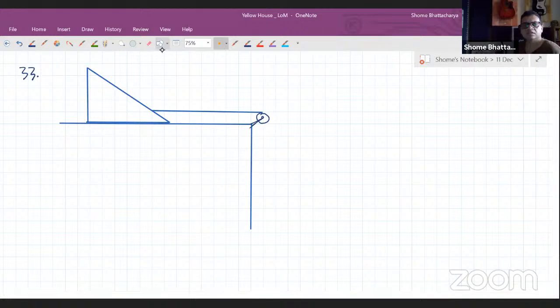Now the tension in the string is produced in the first place because on the other side the string is attached to a block which is hanging vertically like this.